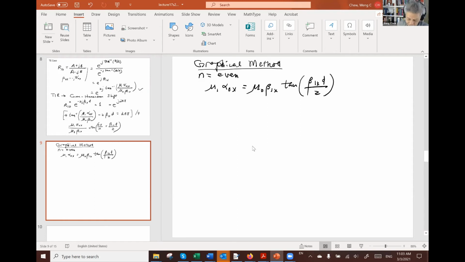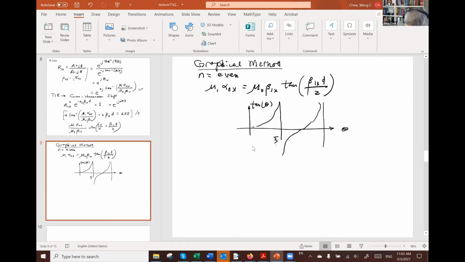I'm using the fact that if you're familiar with the tangent of the theta function, if you just plot tangent as a function of theta, it looks something like this, that when theta is equal to pi over 2, it goes to infinity, and then it becomes something like this.